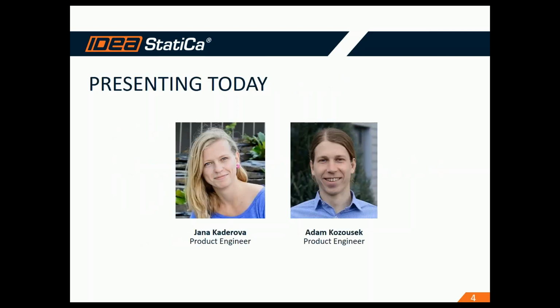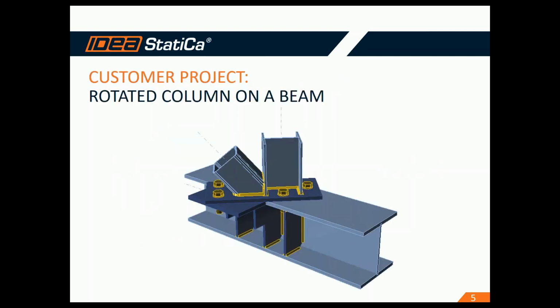My name is Jana, and my colleague Adam will present the first example, which will be the rotated column on a beam. This example is one of our customer projects from our library. You can also download this project after the webinar and try it yourself, maybe learn something new or just see what our software can do.